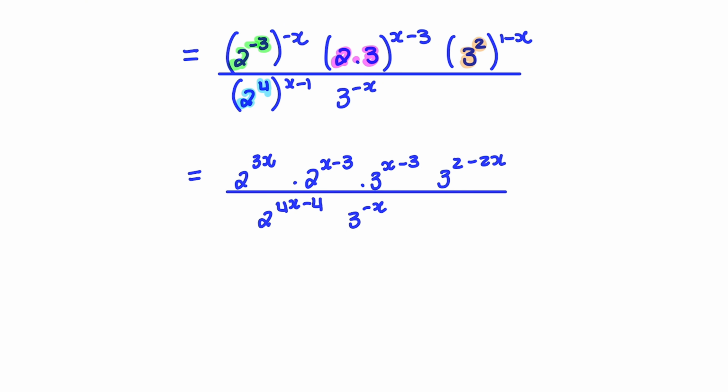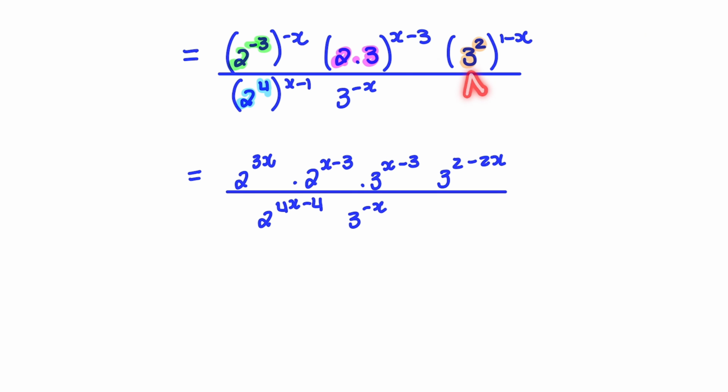So remember, the exponent law says that if we have a set of brackets, then we multiply the exponents with each other. So 1 times x minus 3 is simply x minus 3. So we have 2 to the power of x minus 3. Then 3 also becomes to the power of x minus 3.